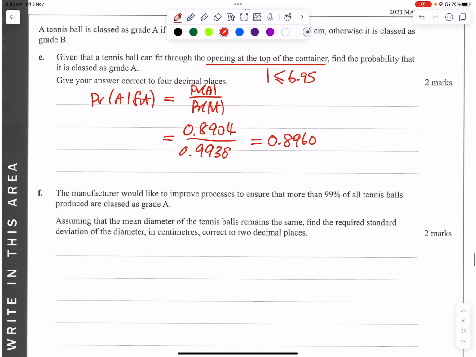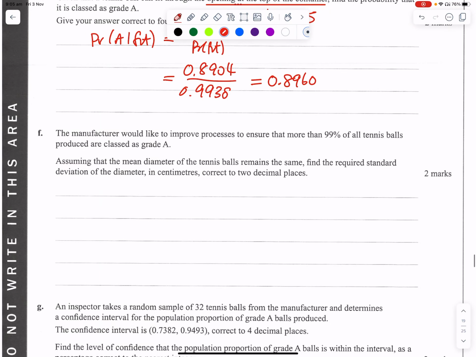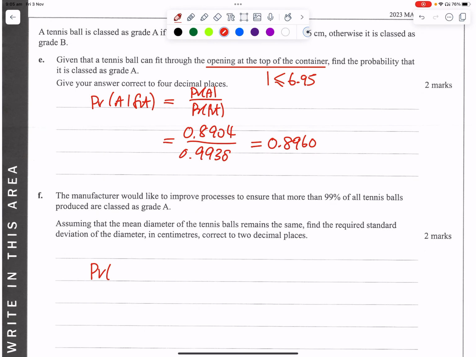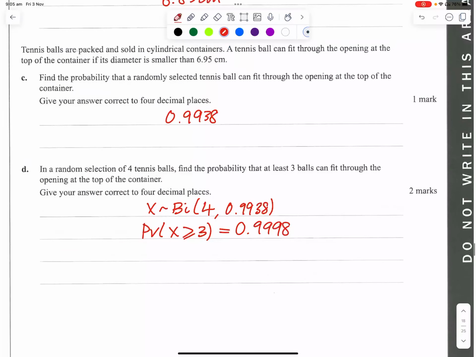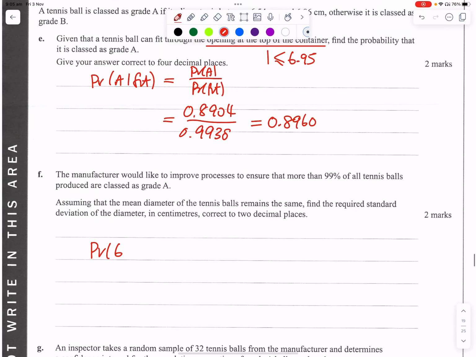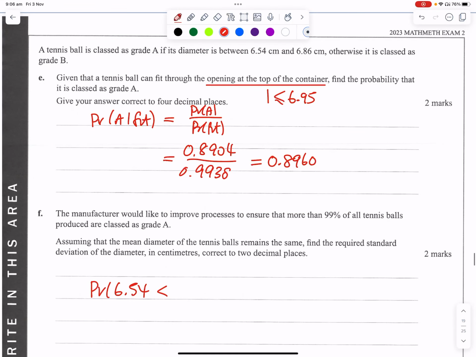We know the probability that 6.54 is less than or equal to X, which is less than or equal to 6.86, is equal to 99%.